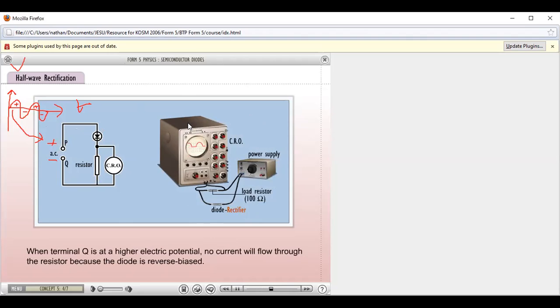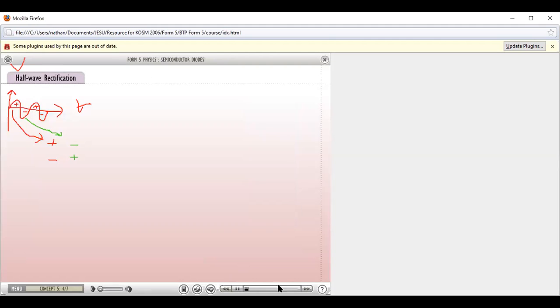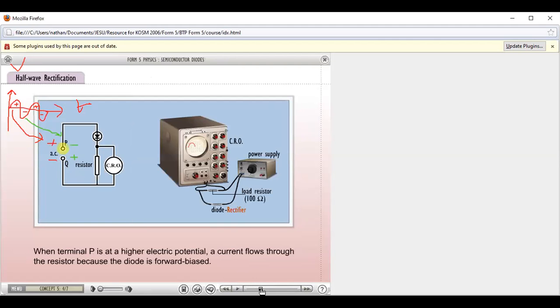Now we look at what happens during the negative cycle, when the top one becomes negative. That means when P becomes negative, Q becomes positive.